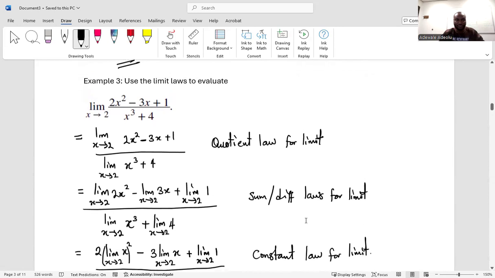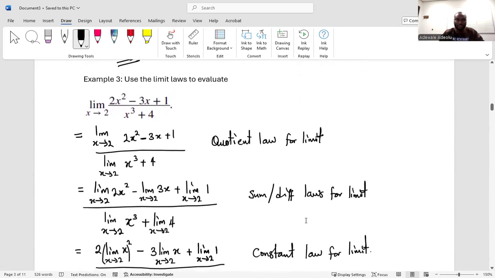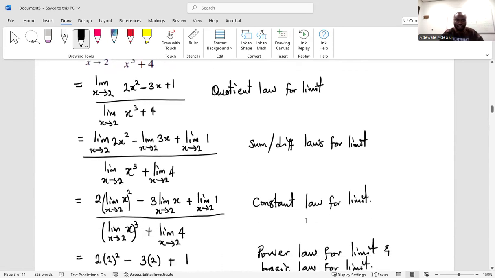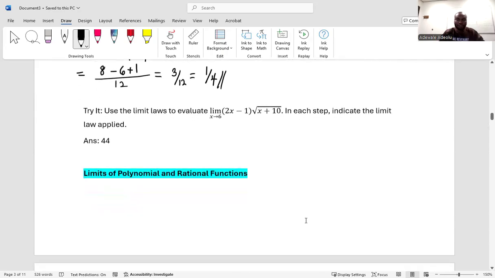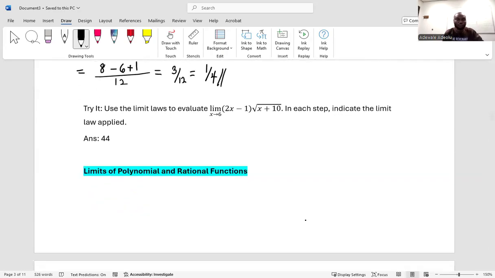So that is the limit of this rational function, or the expression given in quotient form. So you should pause this video and try this problem. In this case, you will see we have a function here. We have another function here, multiplied.